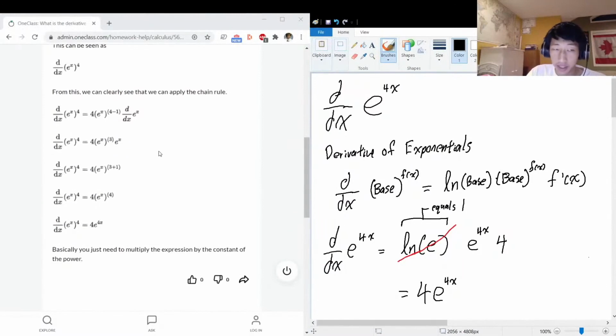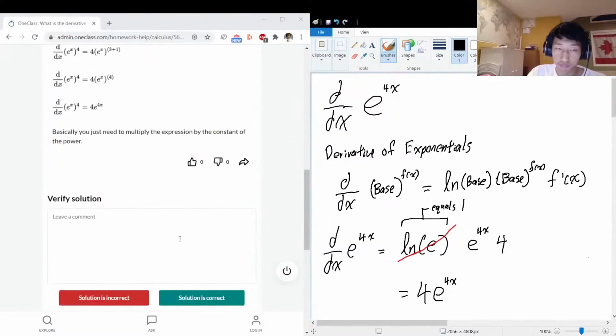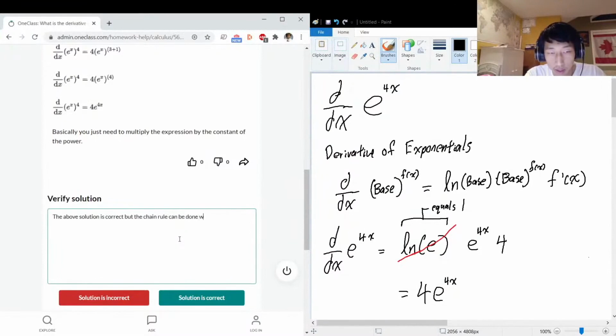And yeah, they did it here with the chain rule. The above solution is correct. But the chain rule can be done with e to the power of x, that whole thing to the power of 4.